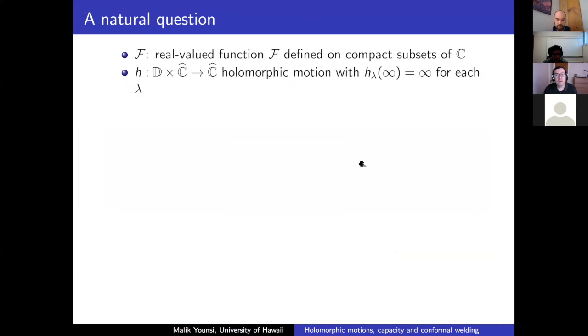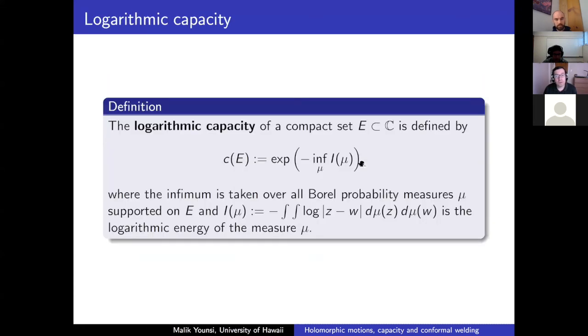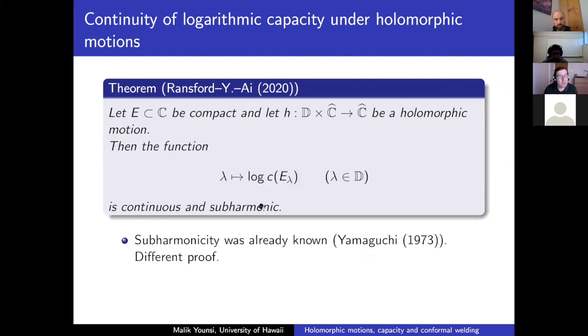Maybe I should mention that if you look at the theorem, at least for logarithmic capacity, the fact that it varies continuously, there is a very recent result of Stamatis Pouliasis proving the same result for condenser capacity. So that's another capacity that we know varies continuously under holomorphic motion, using essentially the same kind of method as in this theorem. Other questions?